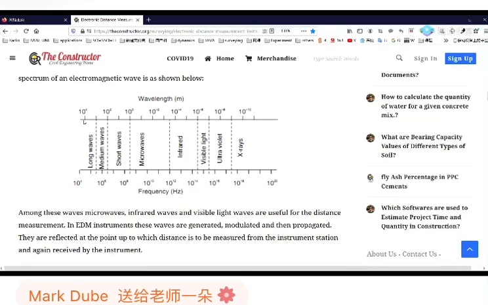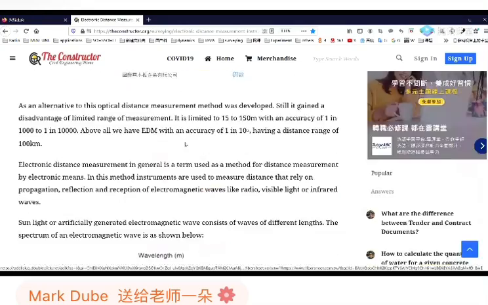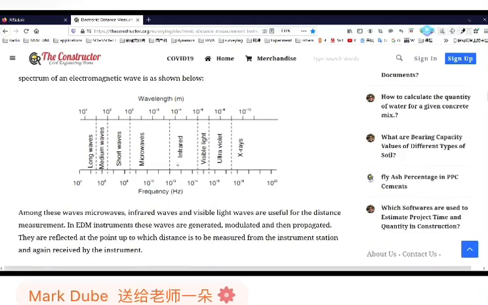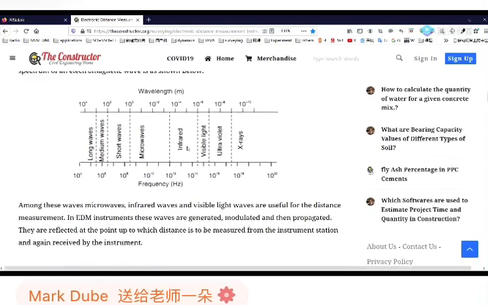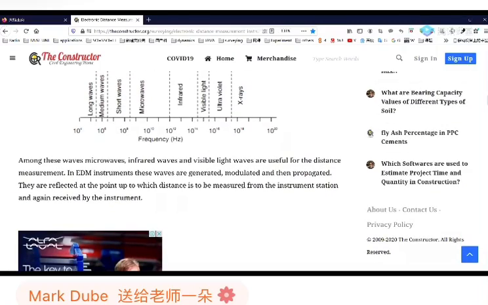Some go very fast, and some go very slow, like S-waves. Infrared is probably the most popular one in our measurement regarding the optical one. I'll show you the machine right after our break.